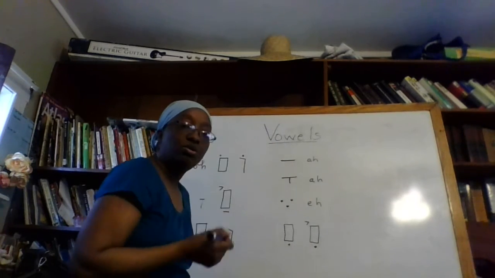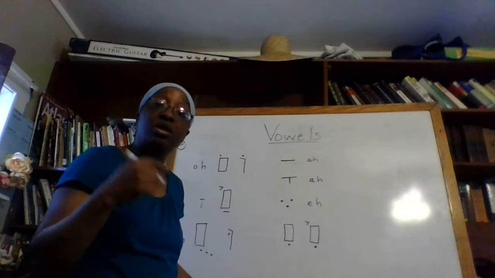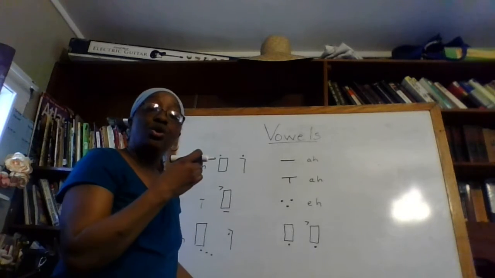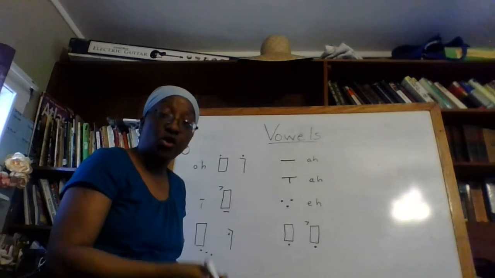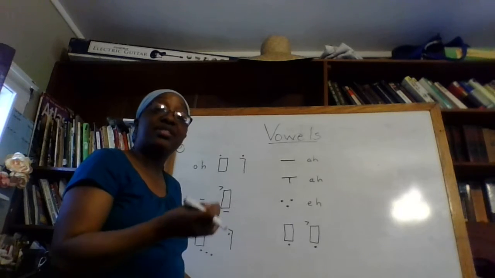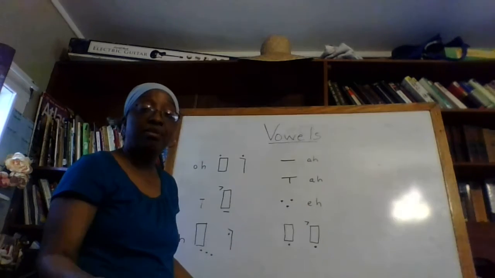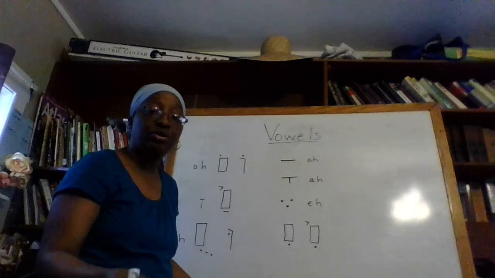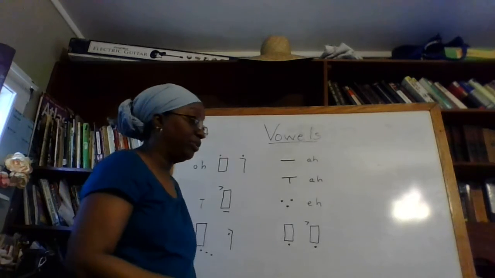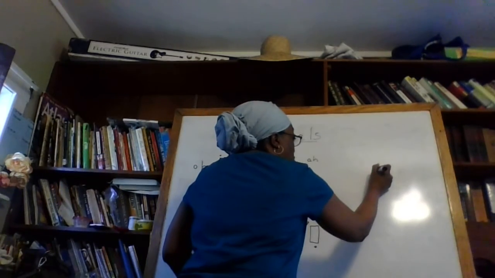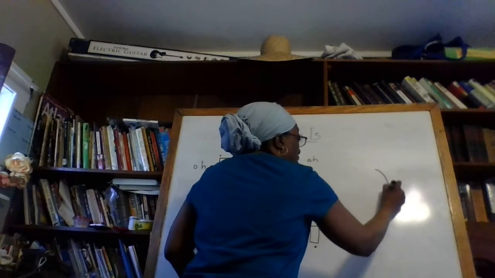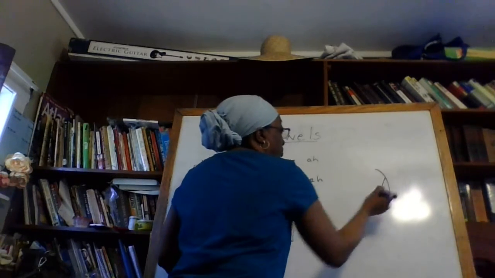So that's just one example of how to read your Hebrew, how to practice the sound of the letters in combination with the vowels. Let me use another example. Let's use the letter Gamil.